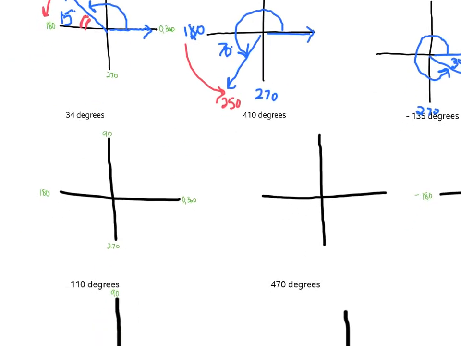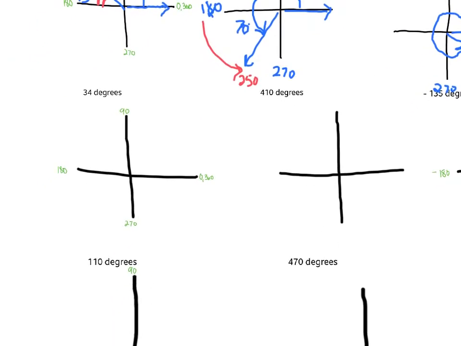So let's see if we can keep going. 34 degrees. It's positive. It starts on the positive x-axis. 34 is between 0 and 90. So this angle is actually right in the first quadrant.